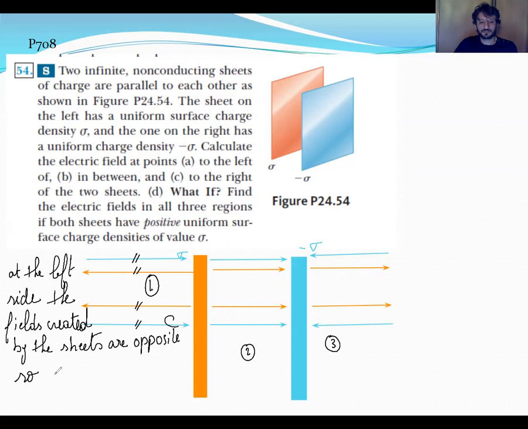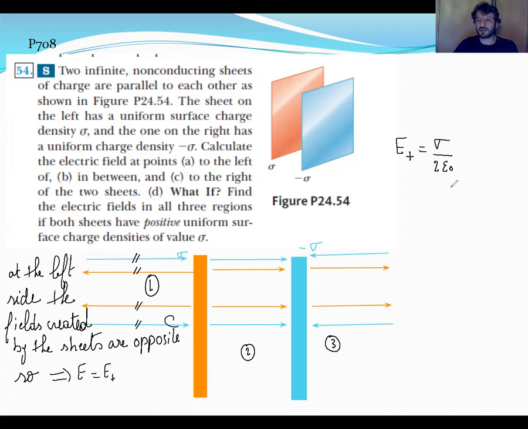So E total equals E plus, let's say before, the field created by the positive one equals sigma divided by 2 epsilon 0.